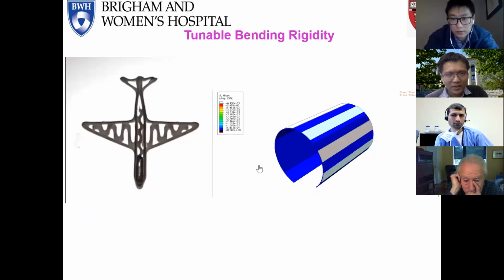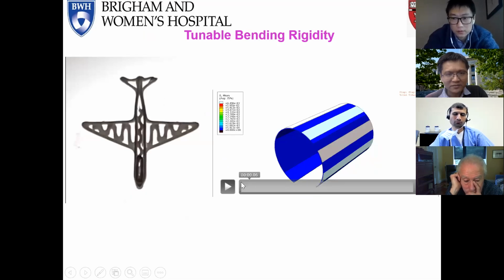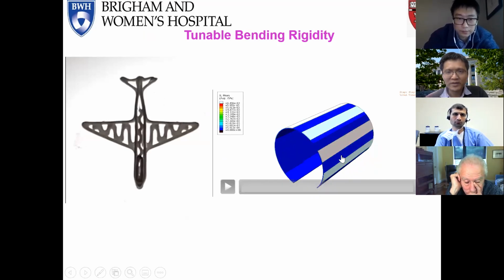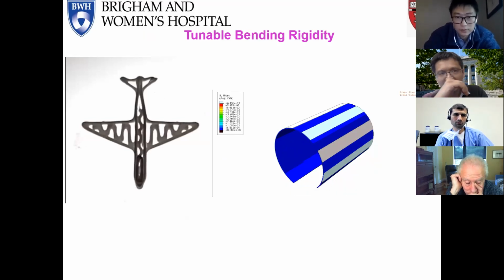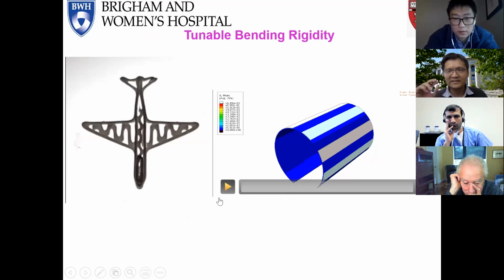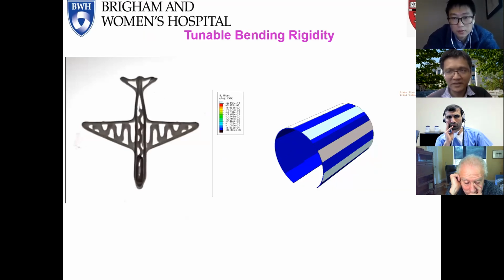In this case, we also did finite element simulation. Using exactly the same strain for the cellular motion, we found that when the system adopts a transverse curvature, the bending rigidity becomes significantly larger than before. Even though the cells are still contracting and relaxing, it only deforms the structure very minimally. That is the way we shut off the cellular engine.